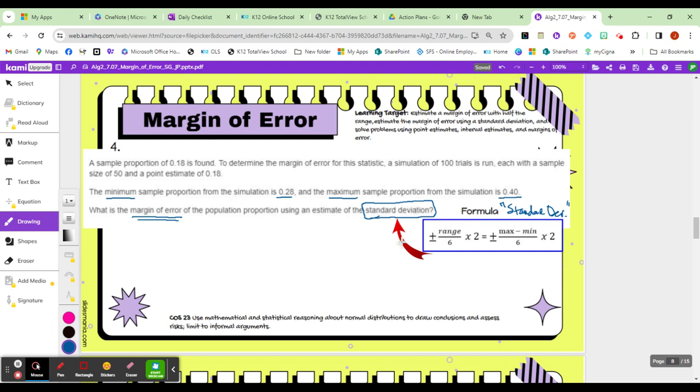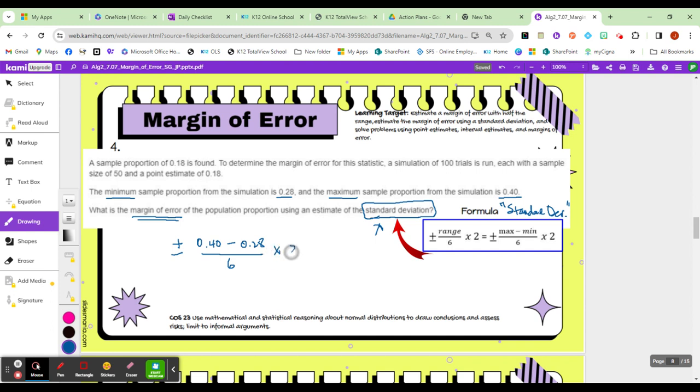So it says you're going to do plus or minus, and you're going to do your range divided by 6 times 2. So our range is our max, which is 0.40, minus our min, 0.28, divided by 6. I know we divided by 2 on the earlier problem, but that problem did not say standard deviation.